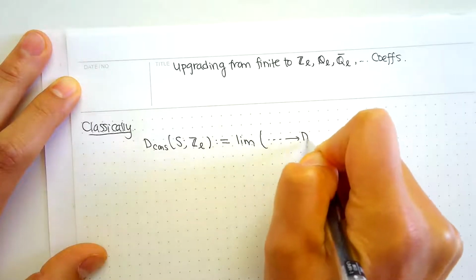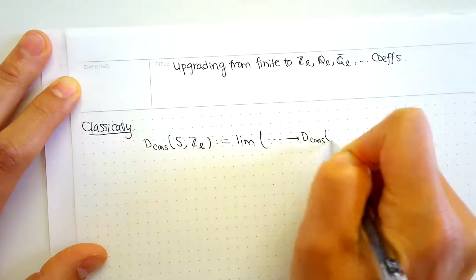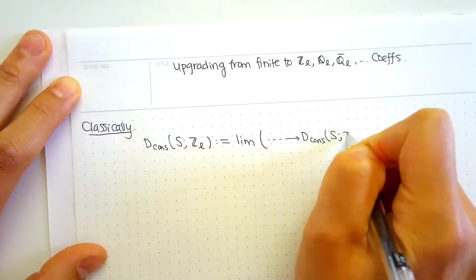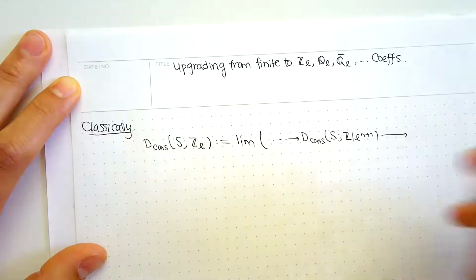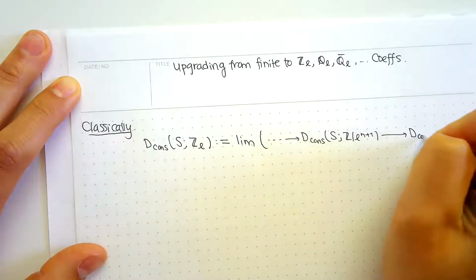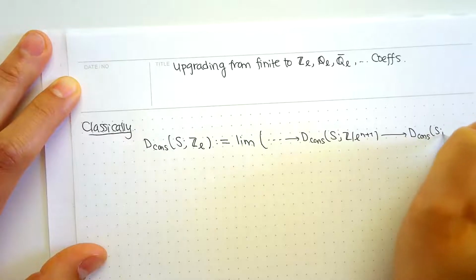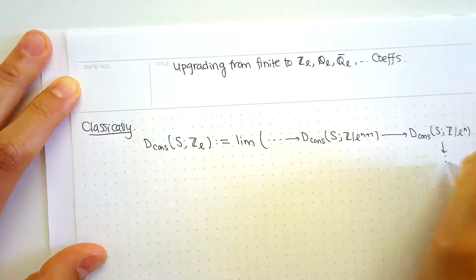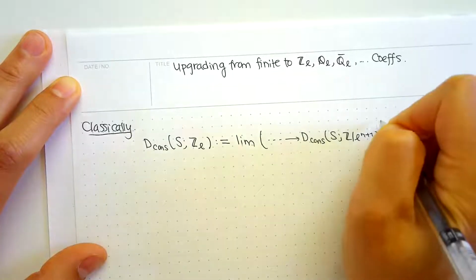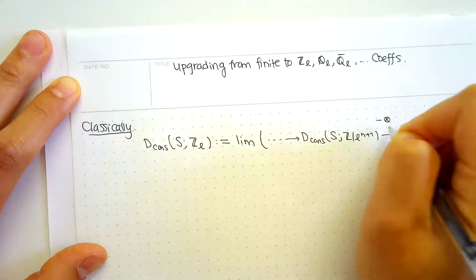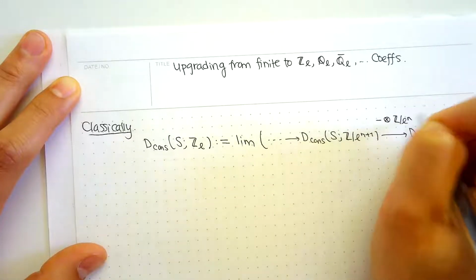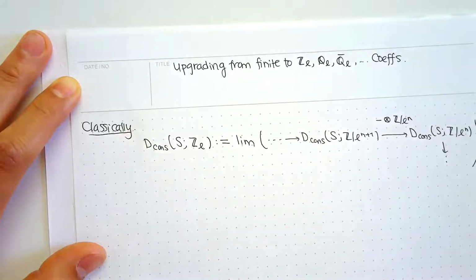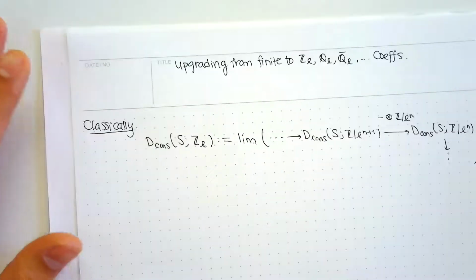to be the inverse limit of all of the constructible derived categories of Z mod L^n, along modding out by another power of L. So this is just tensoring with Z mod L^n.